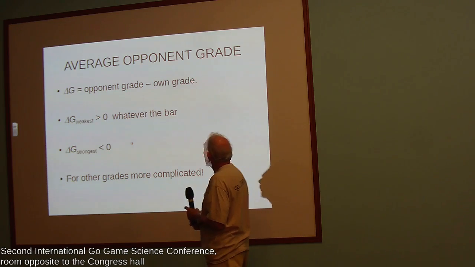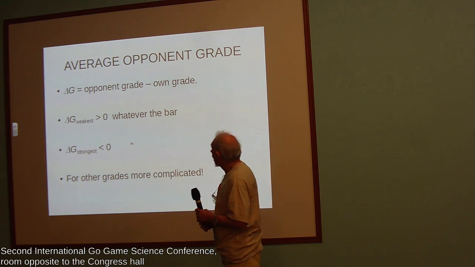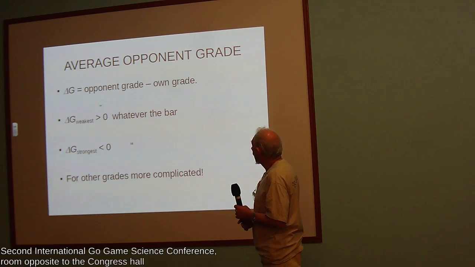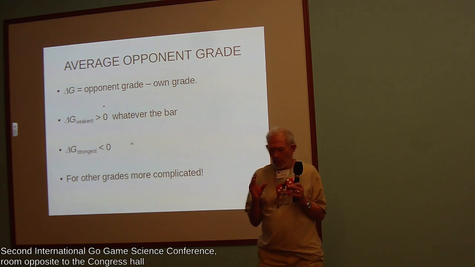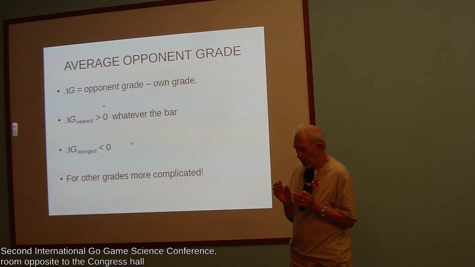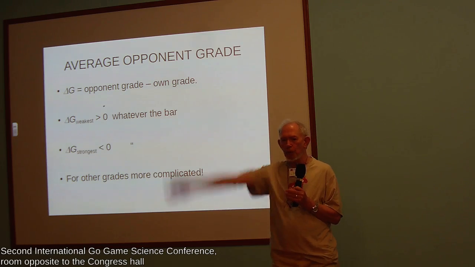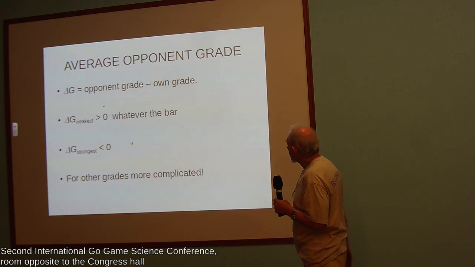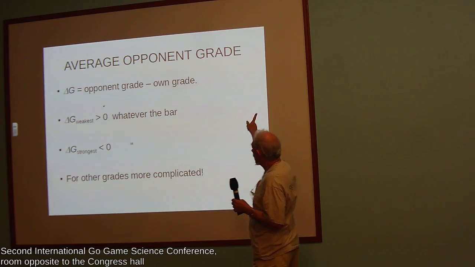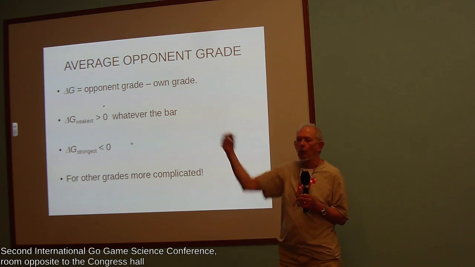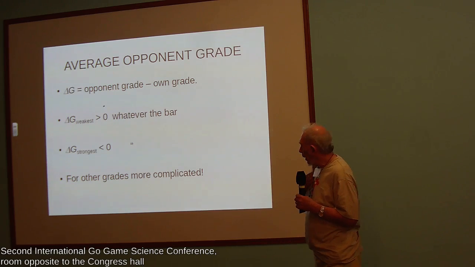Okay, the first thing I looked at is, for each grade group, what is the average grade of my opponent? So that's what this quantity does. Grade minus my own grade.